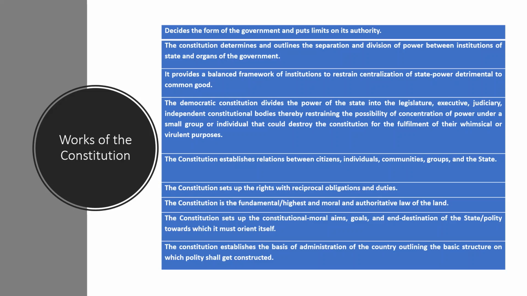The democratic constitution divides the power of the state into the legislature, executive, judiciary, and independent constitutional bodies, thereby restraining the possibility of concentration of power under a small group or individual that could potentially destroy the constitution for the fulfillment of their whimsical or virulent purposes.